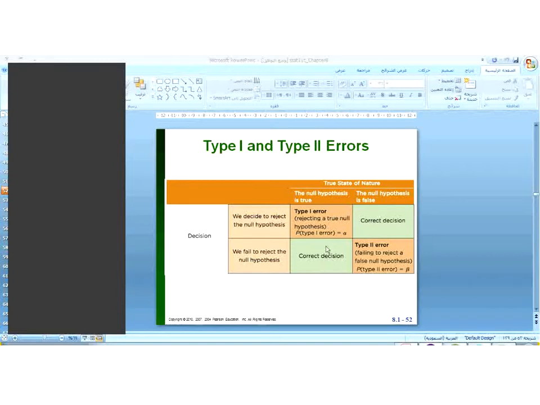Null hypothesis true and I fail to reject it. هي في الحقيقة قيمة البارامتر تساوي القيمة هذه وأنا ما قدرت أرفضها. إذا هذا القرار صحيح أو خاطئ. Good or bad decision? No, it's a good decision. الnull hypothesis is true وأنا ما رفضتها.